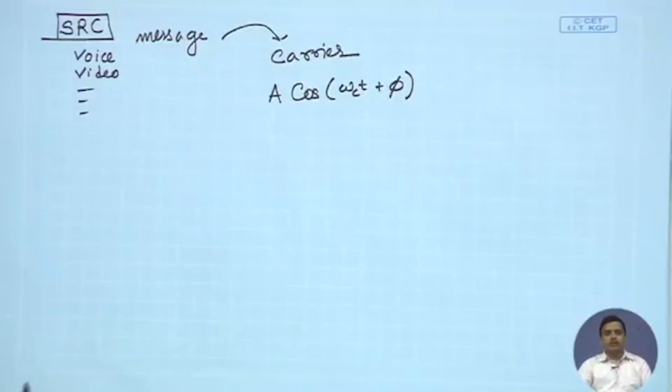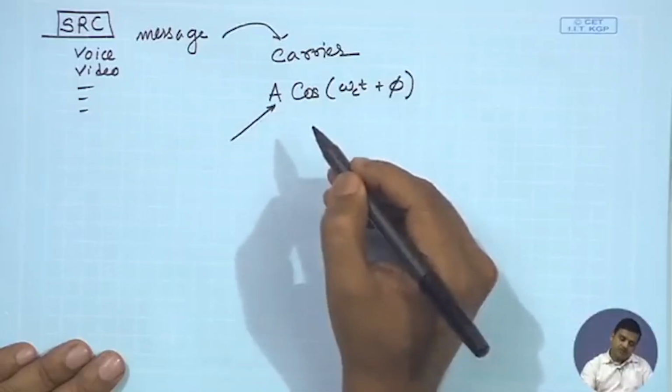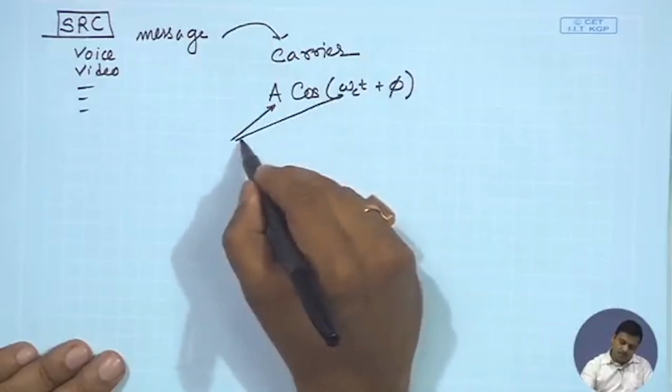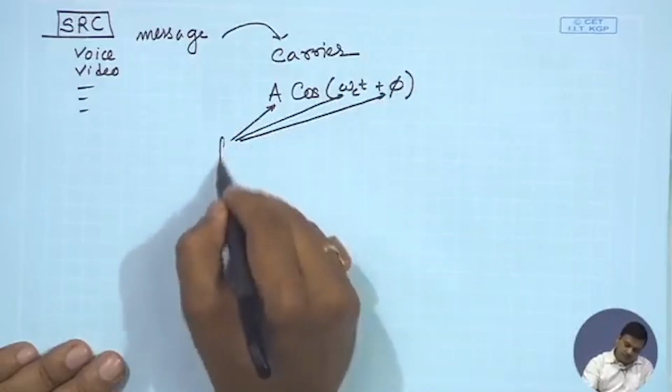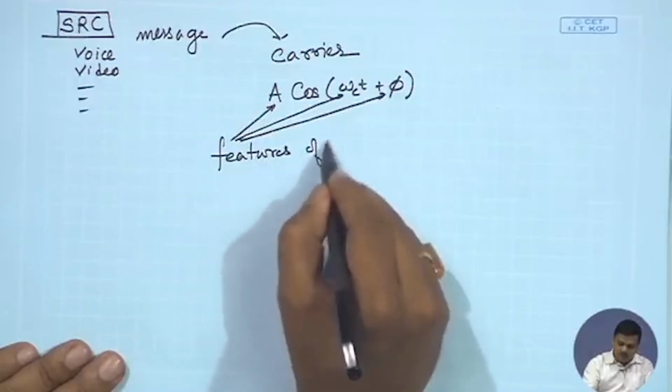This is the typical expression which you are used to. This is the amplitude, this is the frequency, and this is the phase. These are different features of the carrier.